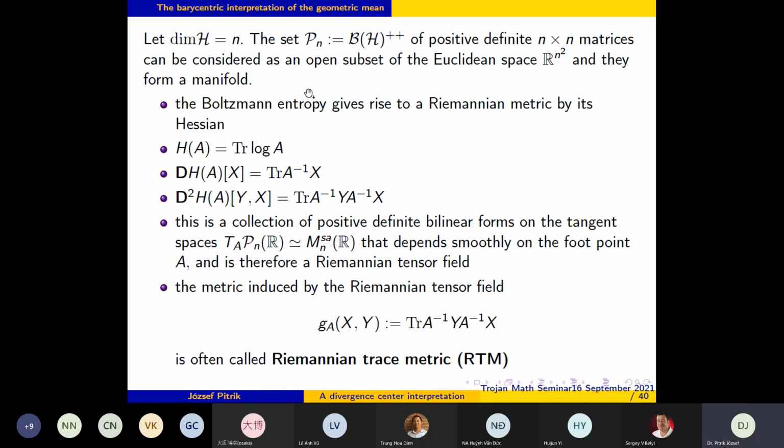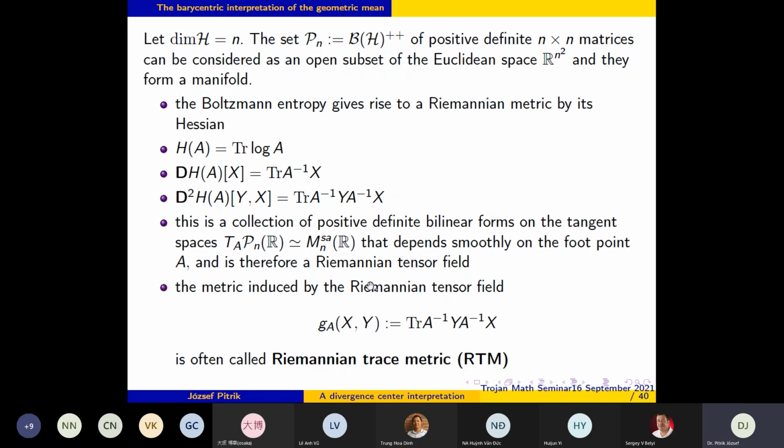And the Boltzmann entropy that was shown above defines a Riemannian metric by its Hessian. We can compute its Hessian in this form. And it's not hard to see that the tangent space at each foot point is the set of self-adjoint matrices.